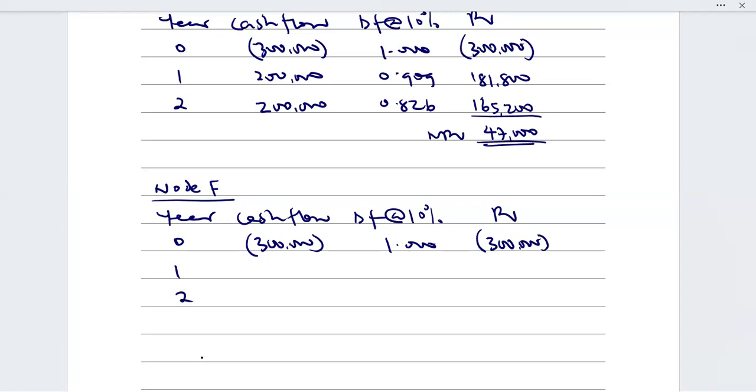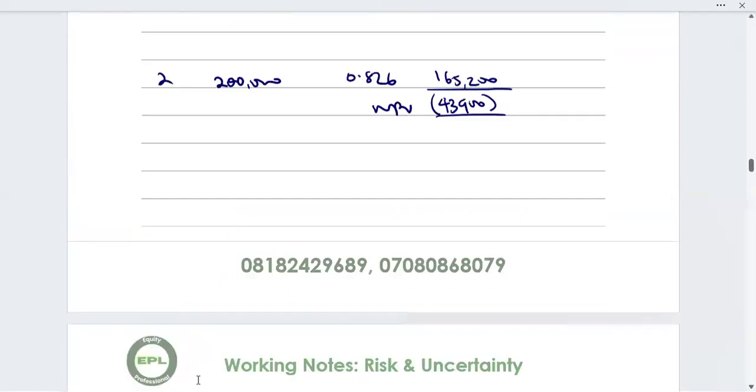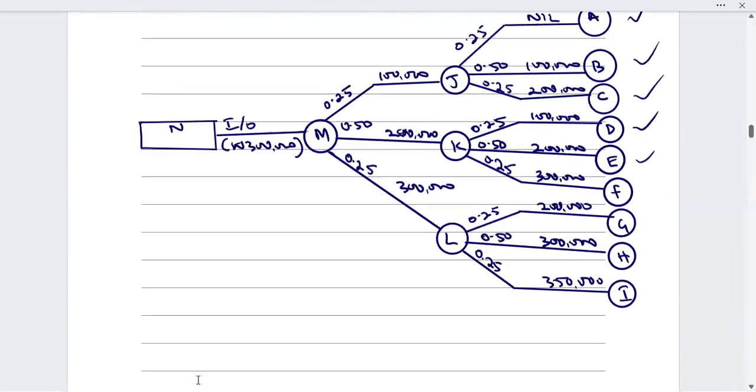Year 1, year 2. For node F, the year 1 cash flow is 200,000.